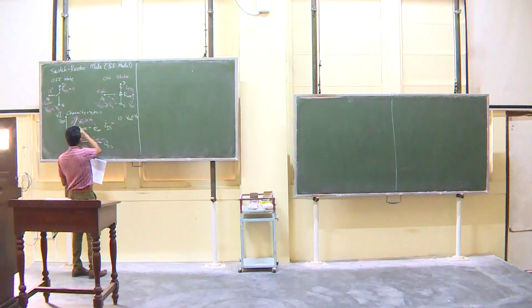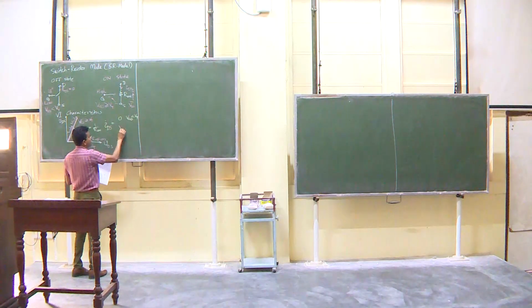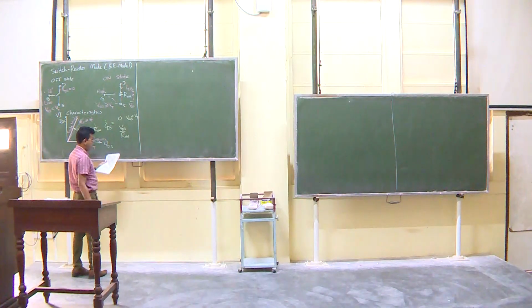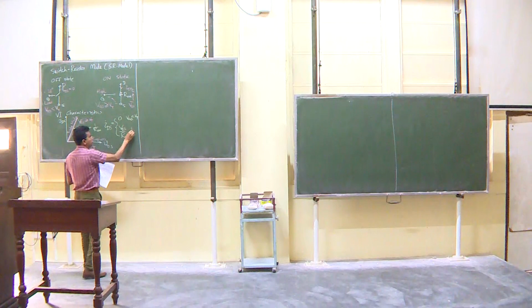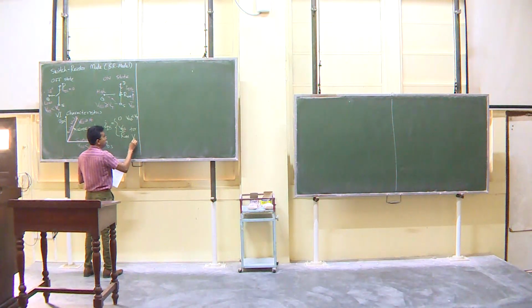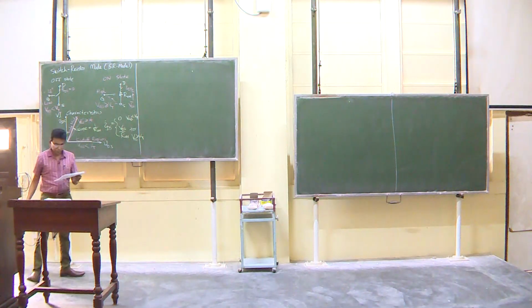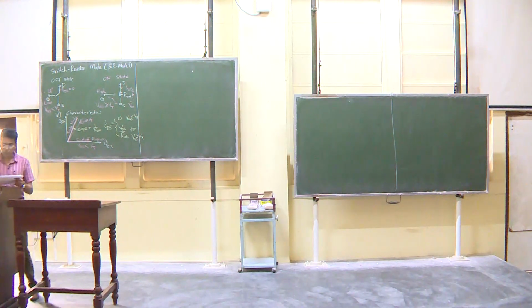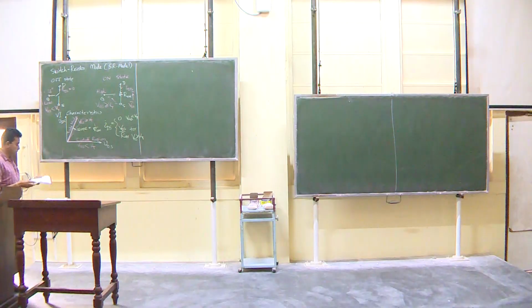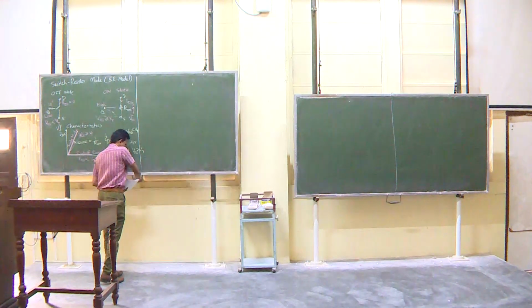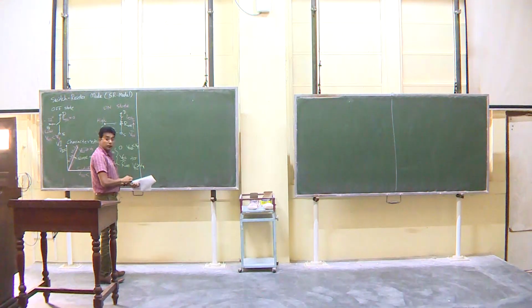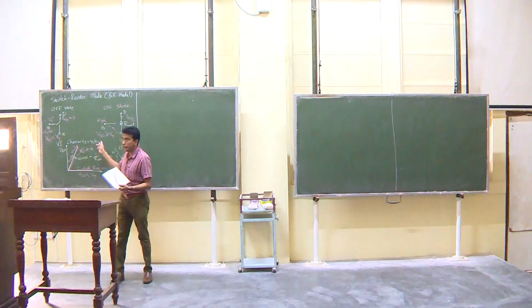But when it is greater than or equal to VT, then this is basically VDS divided by R on. That's the SR model. And similarly, this is the VI characteristics.